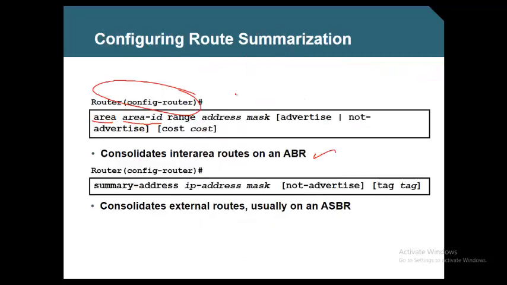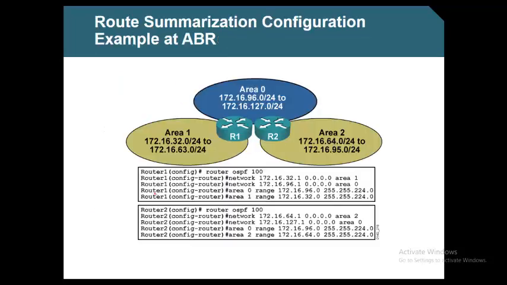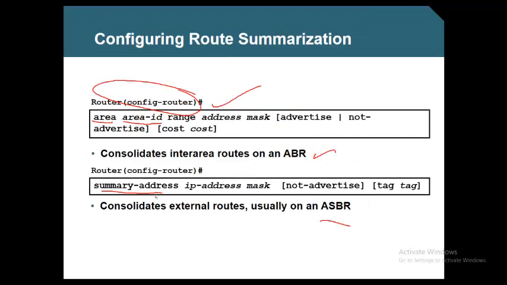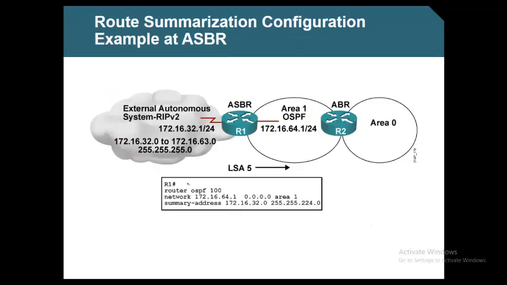Now you also have ASBR summarization where there is no area. Okay, there is no area, so you simply use the summary address command. All right, like this. You want to summarize between 32 to 63. So you put 32. Between 32 to 63, how many numbers are there? 31 numbers are there.